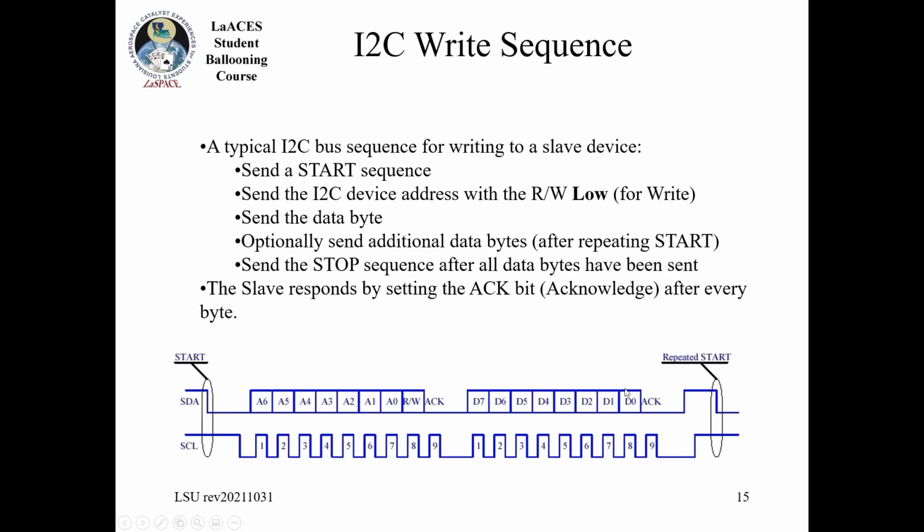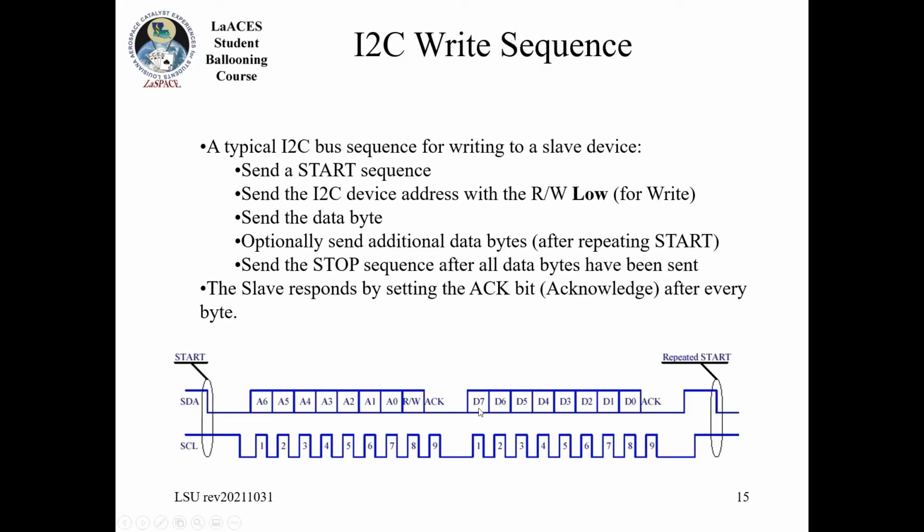So the next byte will be a byte of data that will get sent to the slave device that it is going to do something with. Maybe it's going to store that in its memory. This may actually be a command that is going to be interpreted by the slave device.